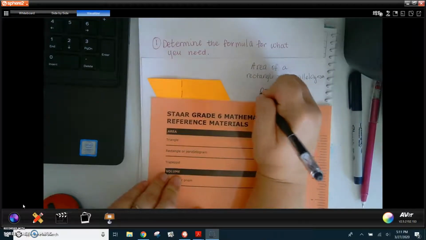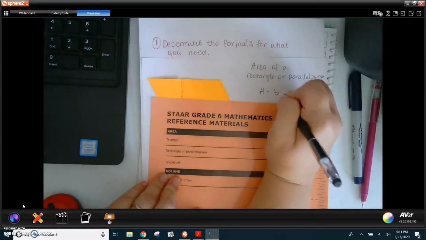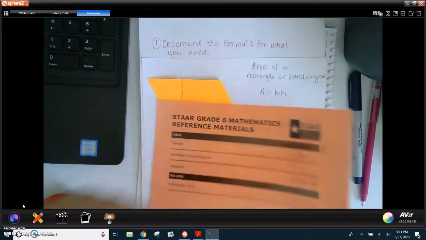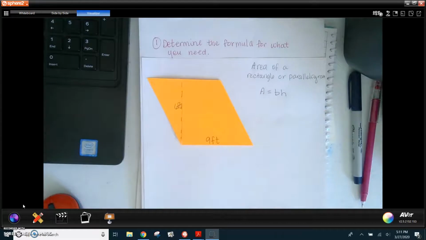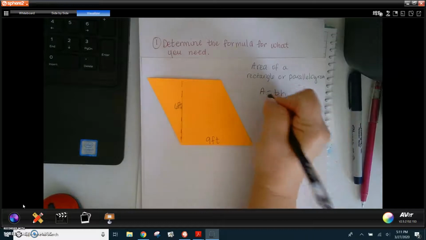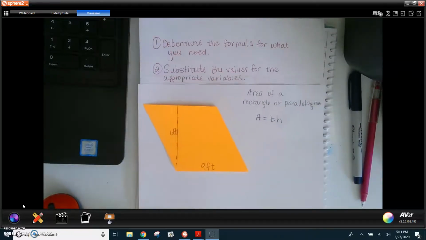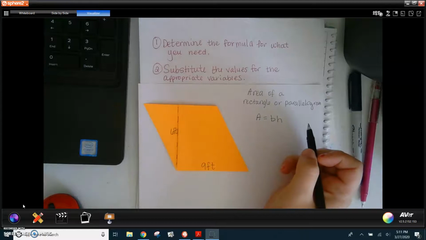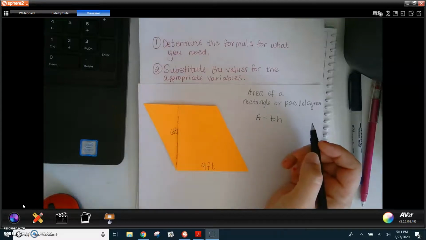So A equals base times height. Again, as I said in the previous video, you always need to make sure that you are writing the formula as your instructions.